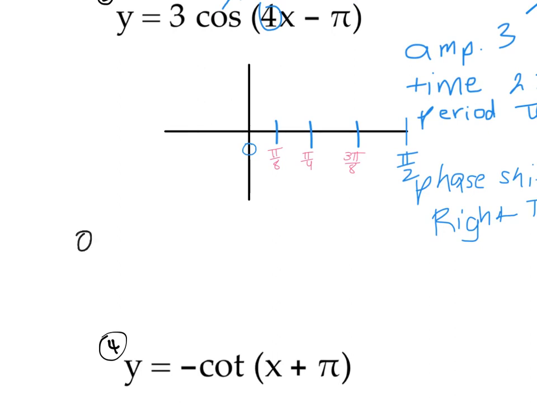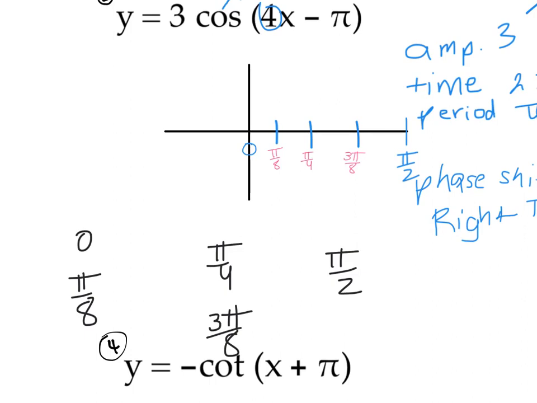I have 0, pi over 8, oh, I skipped pi over 4. Sorry. Hang on. So I have pi over 8, pi over 4, 3 pi over 8, and then pi over 2, right?